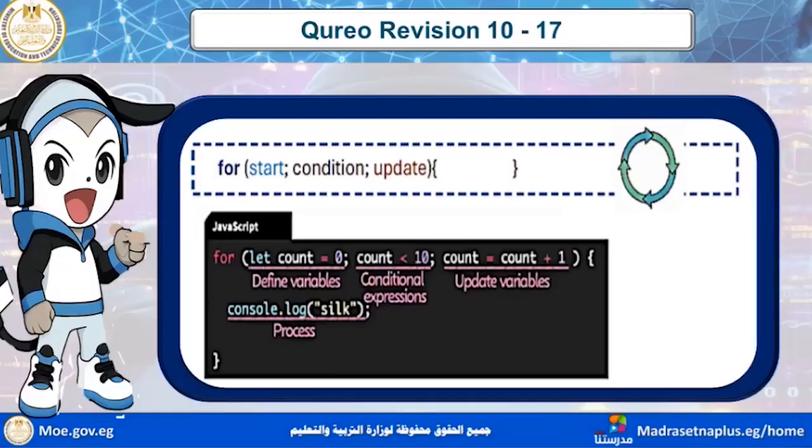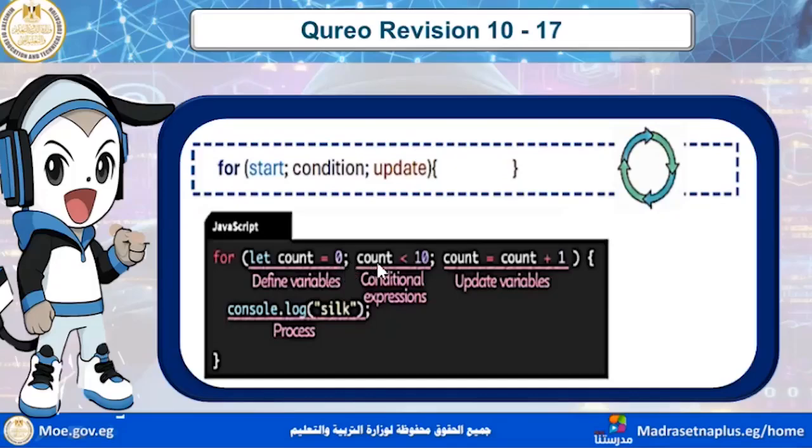And after finishing writing these commands, we should close the curly bracket. So we start here with for, then use a variable count, assign the value 0 to the variable count, then write the conditional expression, and we separate the statements using a semicolon.